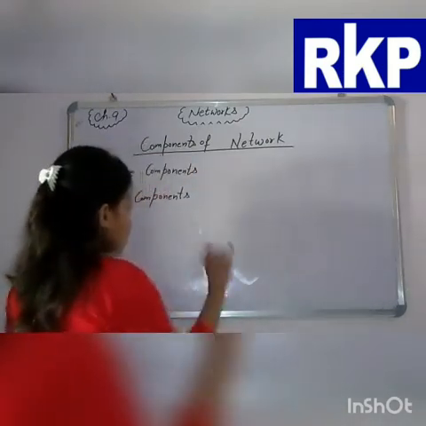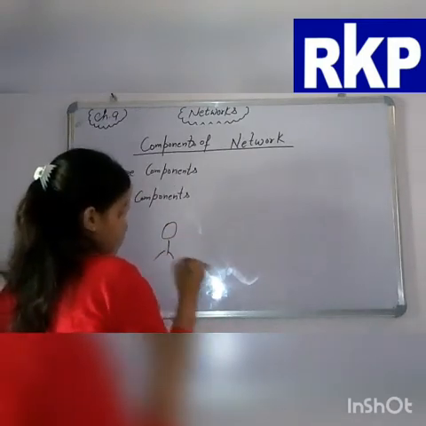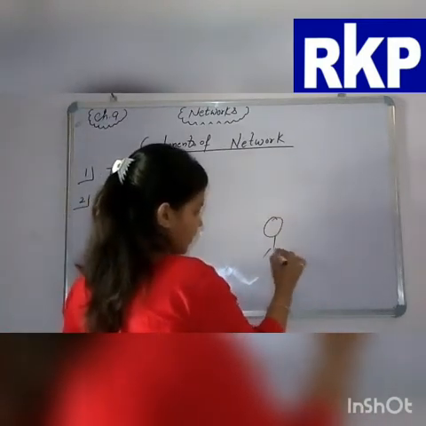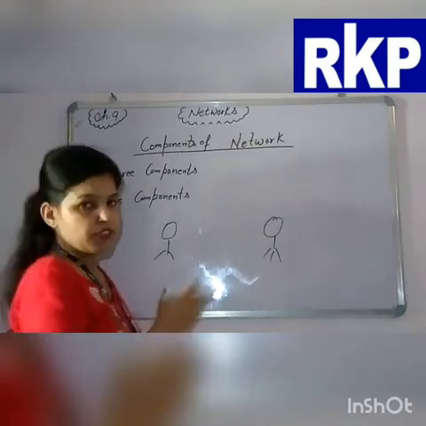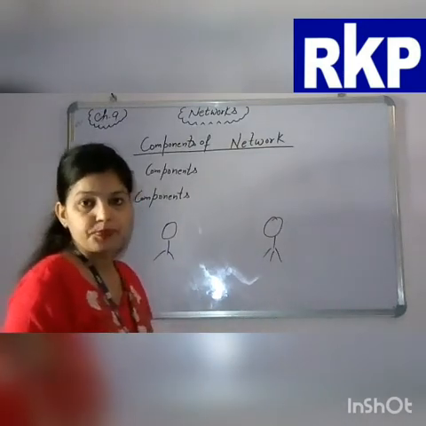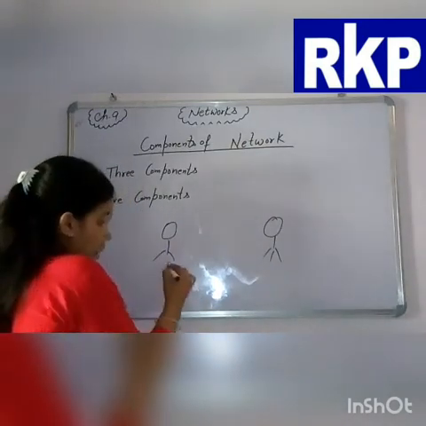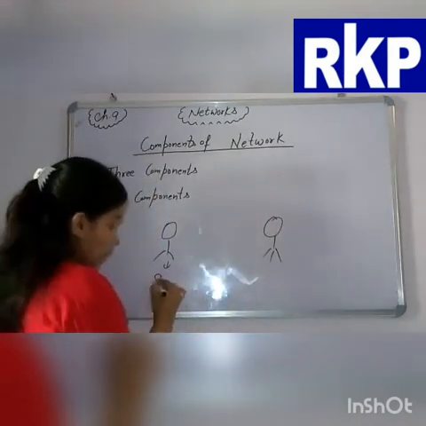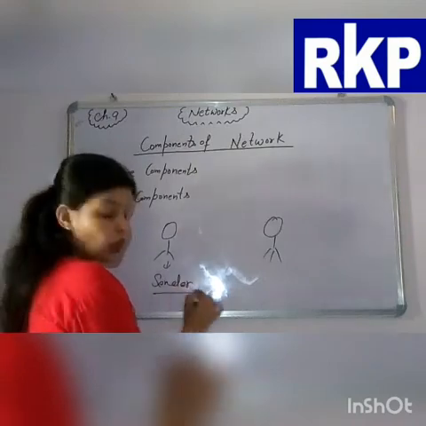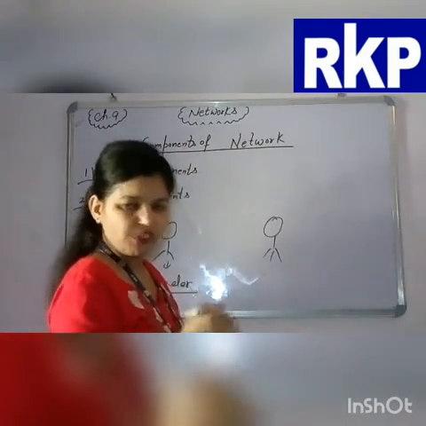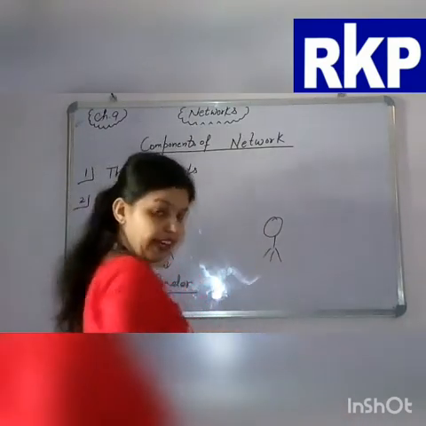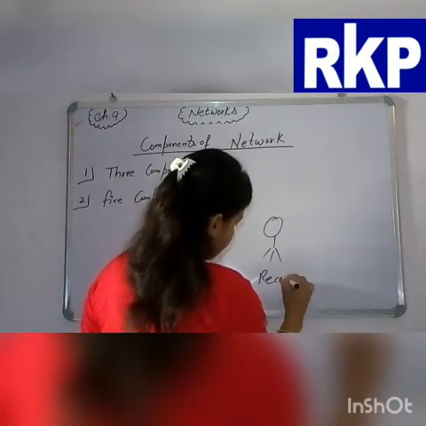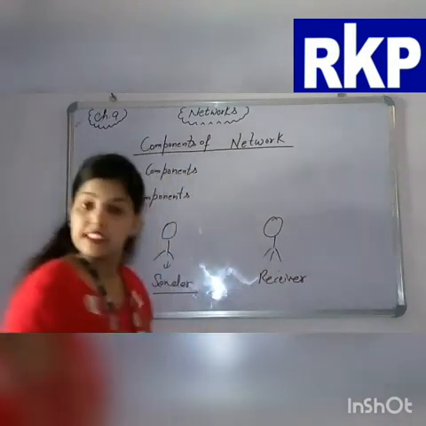Like you are sitting here, and your friend is sitting here. You both are sitting in front of each other and you are talking. So here, if you are passing a message to your friend, you are the sender of the message, and your friend is the receiver.